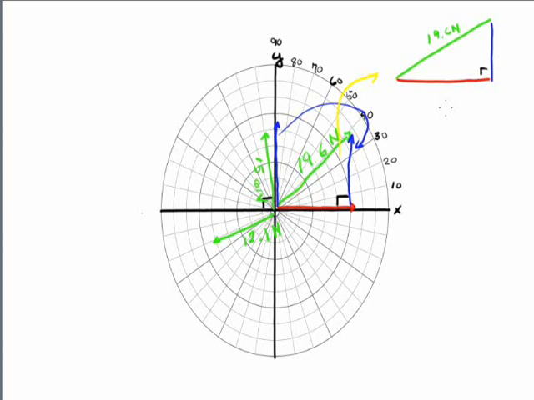Is there anything else that I know about this triangle? Like, for example, using the polar paper, can I figure out what this angle is? If you look, does that tell me what angle I have? Sure, it's a 40-degree angle.